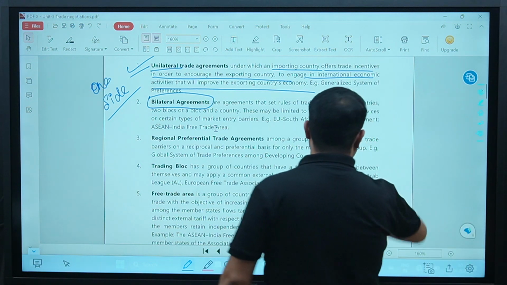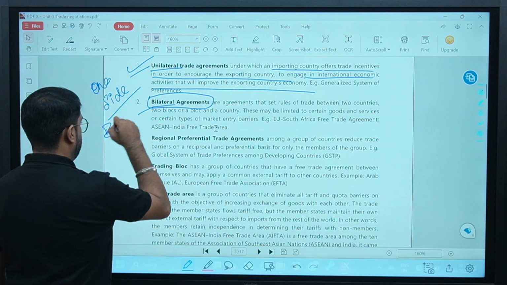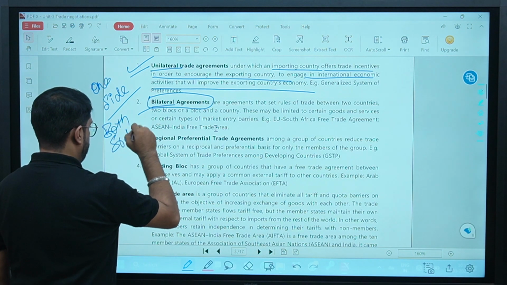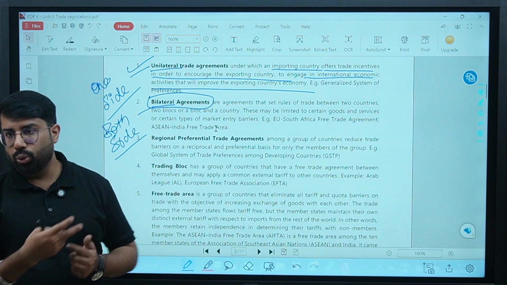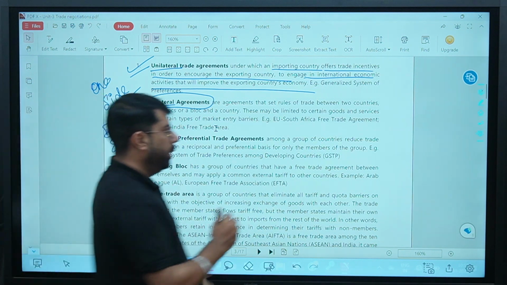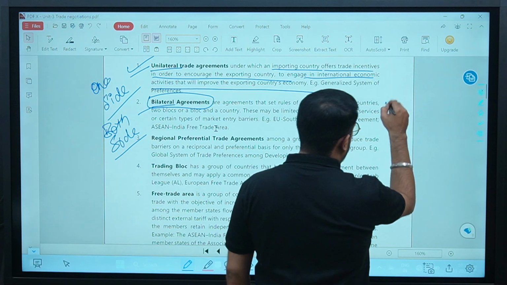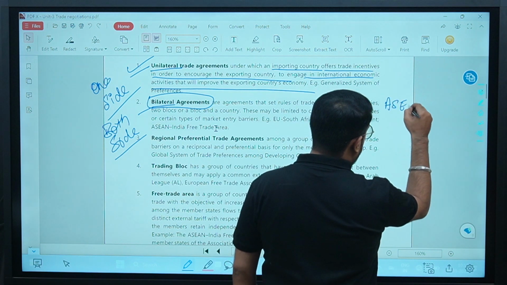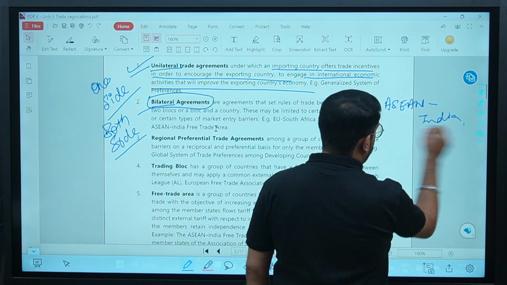Yes. Bilateral will be both sides. Means what? Here, both the countries will give benefits to each other. A very fine example here is the free trade area between ASEAN and India. India is a very good friend of ASEAN countries.